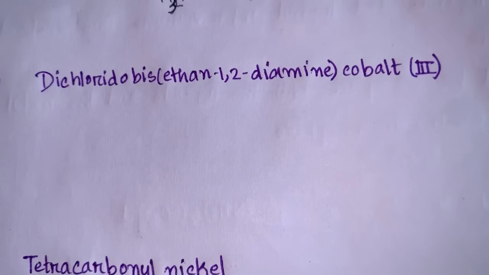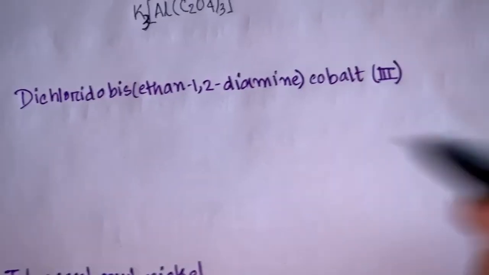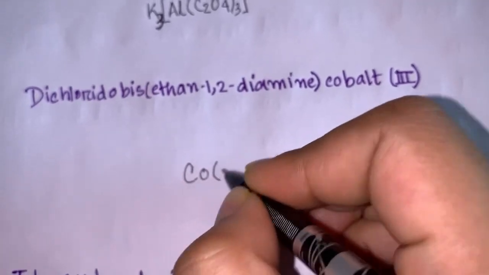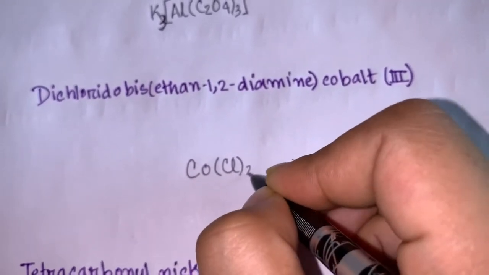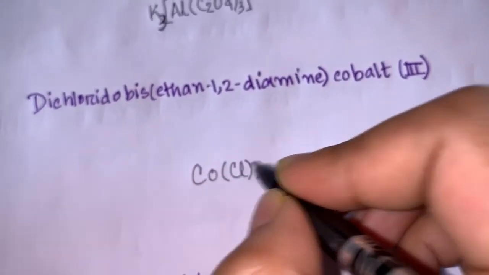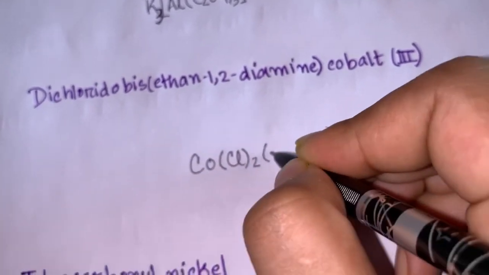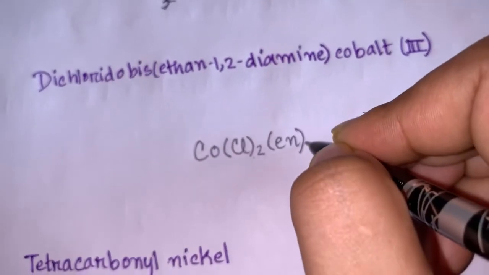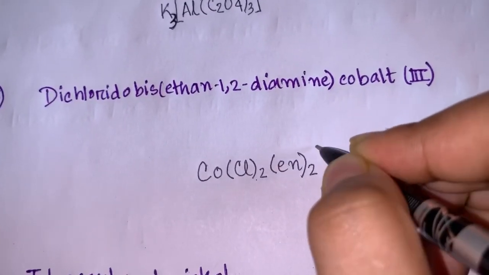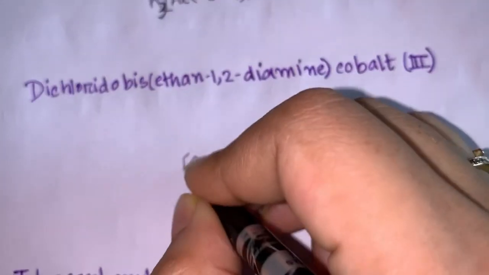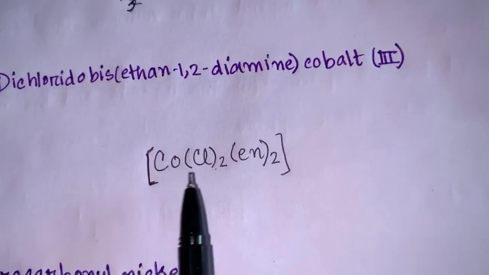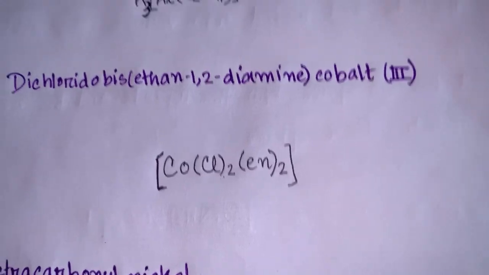So the formula will be cobalt, dichlorido. You can place it within brackets or without brackets, it's okay when it is a similar polyatomic ligand. Cobalt 3, so CoCl2(en)2.